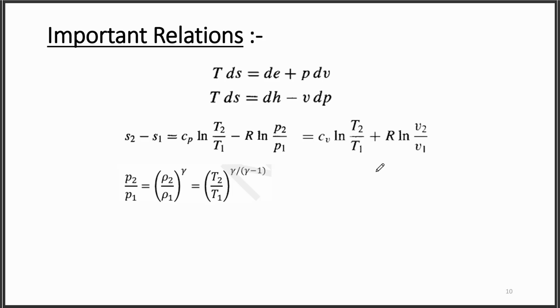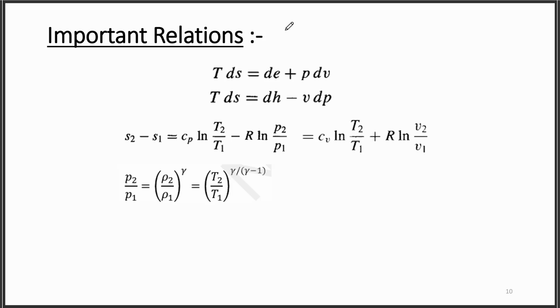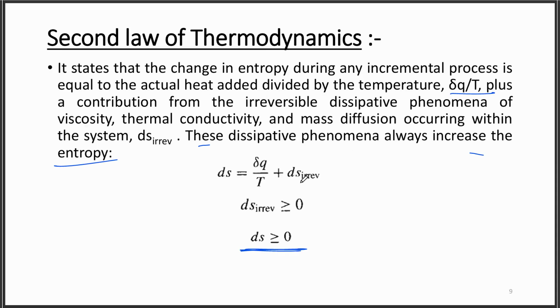Now we will see some important relations. First is TdS equals dE plus PdV. We'll write this also. One more thing I forgot. Let's say this dS irreversible is 0.